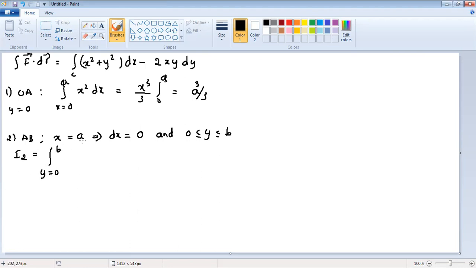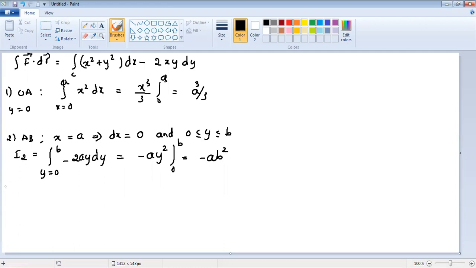Since dx is 0, this part will be 0. And here x is a, so it is minus 2ay dy. This implies minus ay square from 0 to b, so it is minus ab square.